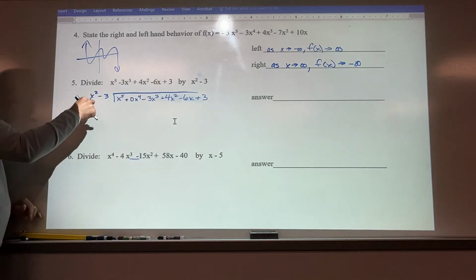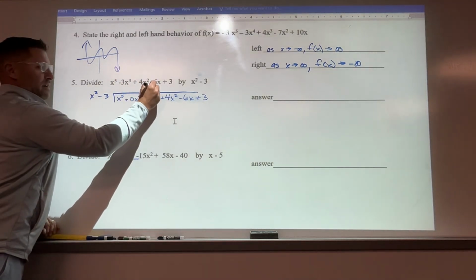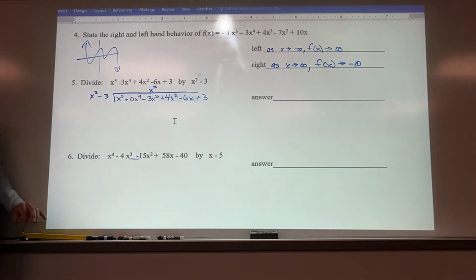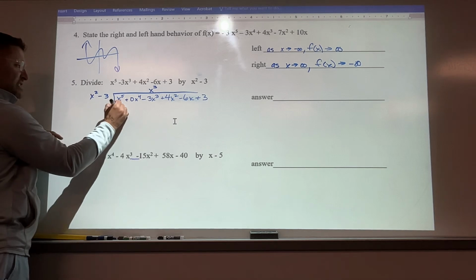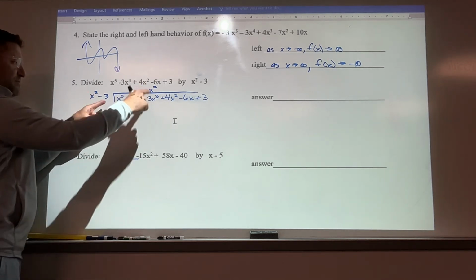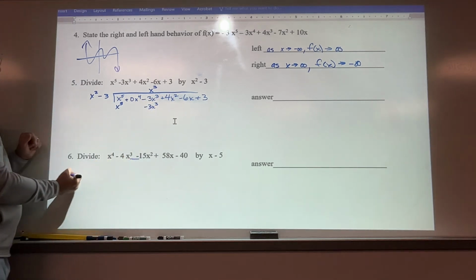All right, I need x squared to get x5, which means I need x3 here. Is everything okay? I got the right numbers? Okay, so I need x3. x3 times x2 is x5. x3 times negative 3 is negative 3x3. Oh, that was nice.